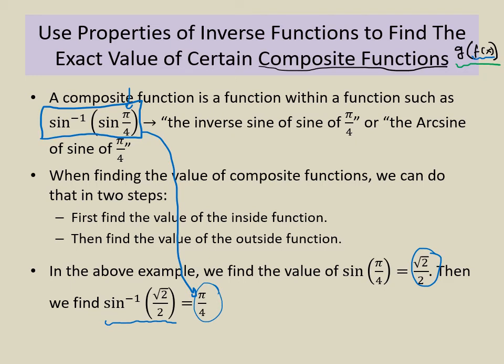Now, does it work like that every time? No. And we're going to see examples of how this is not going to be the case. The main reason it doesn't work like this every time is because the inverse sine is not a perfect reversal of the sine function.